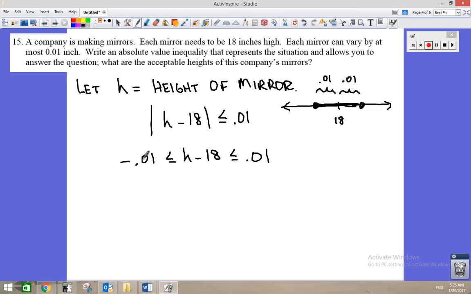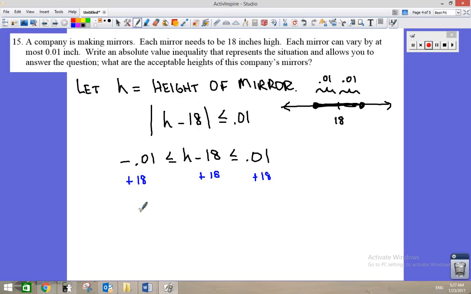They're both pointing towards a negative value, which is smaller than a positive value. So I'm going to add 18 to each portion of this because negative 18 and positive 18 will cancel and I'll have the h by itself. So I'll have to add 18 everywhere in this compound inequality.